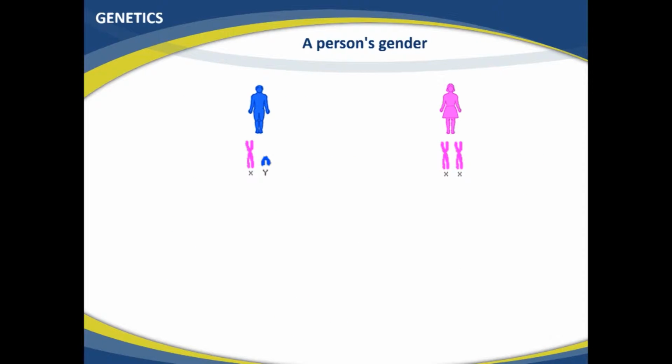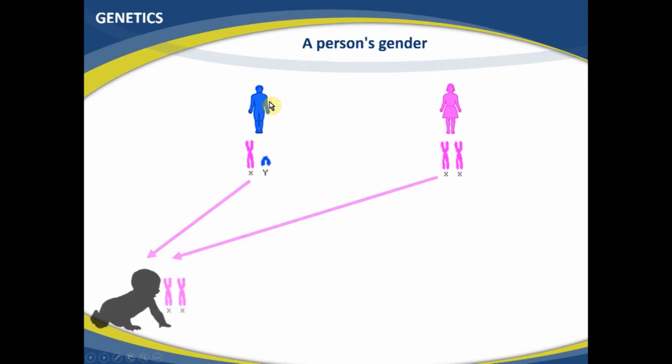So let's look at a couple that together have a child. The man has an X and a Y because that's why he's a man. And the woman has 2 X chromosomes. Now, when they have a child, they will by chance pass on one of the 2.